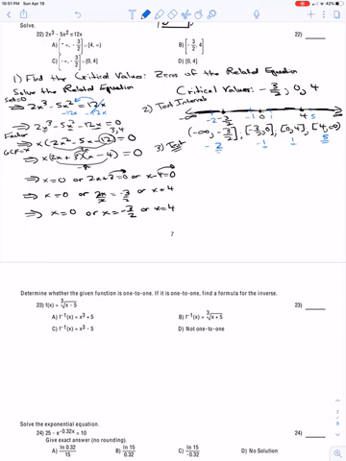So let's see if this is a solution. We test, let's plug it back in. 2 times negative 2 cubed, minus 5 times negative 2 squared must be less than or equal to 12 times negative 2.